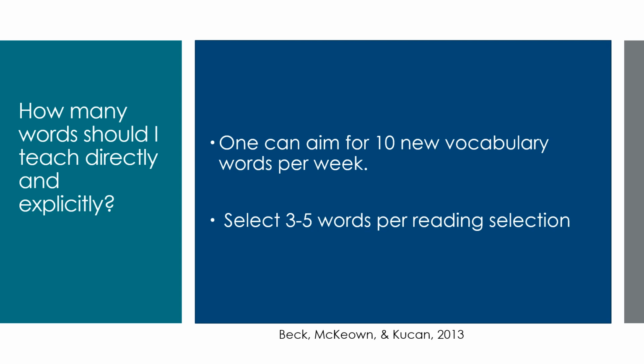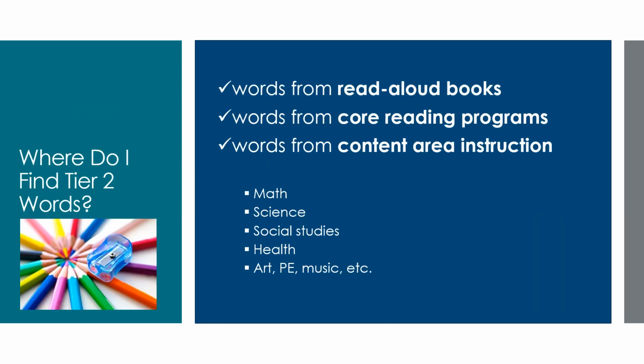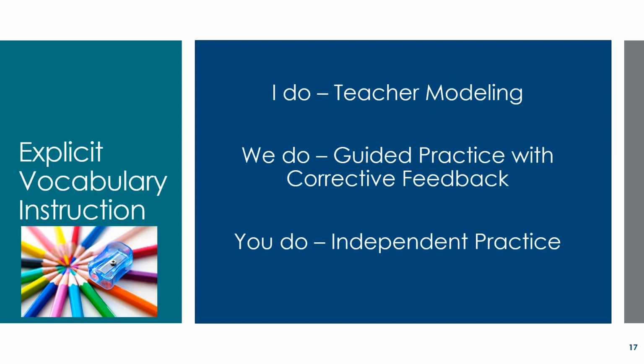One would select about 3 to 5 words per reading selection to teach in depth and explicitly. We can find Tier 2 words in read-alouds, in core reading materials, or words from content area instruction in math, science, social studies, health, physical education, and the arts.